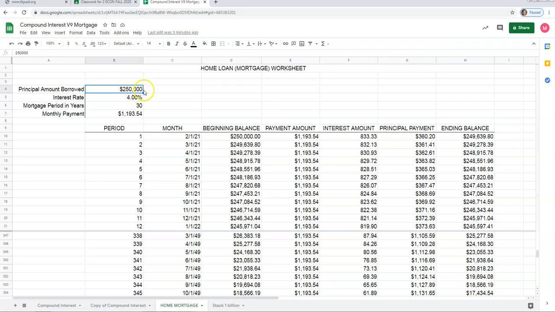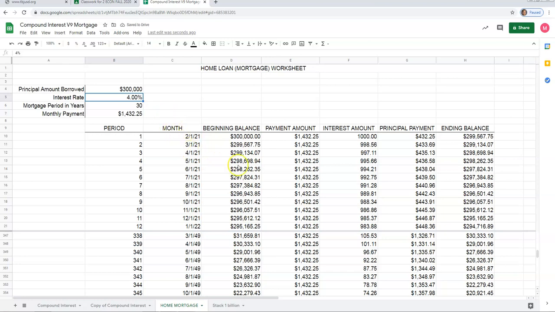For example, if we change the $250,000 to say $300,000, you can watch our table change because we've referenced everything based on this information. Everything changes except the periods and the months, of course. The payment amount, interest and principal, ending balance, all change based on what we change here.